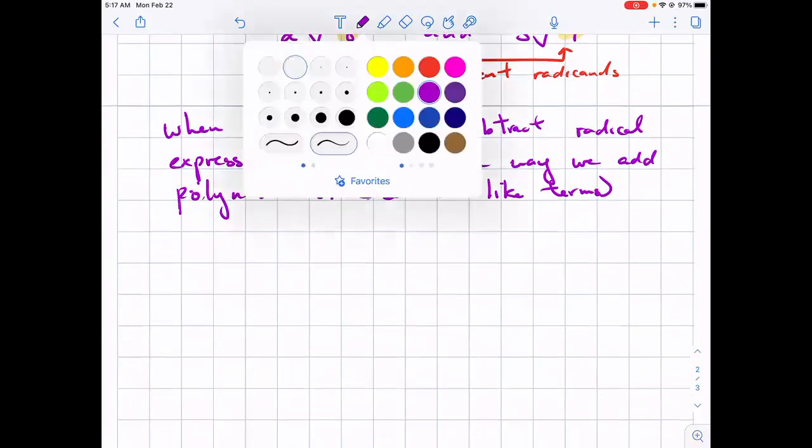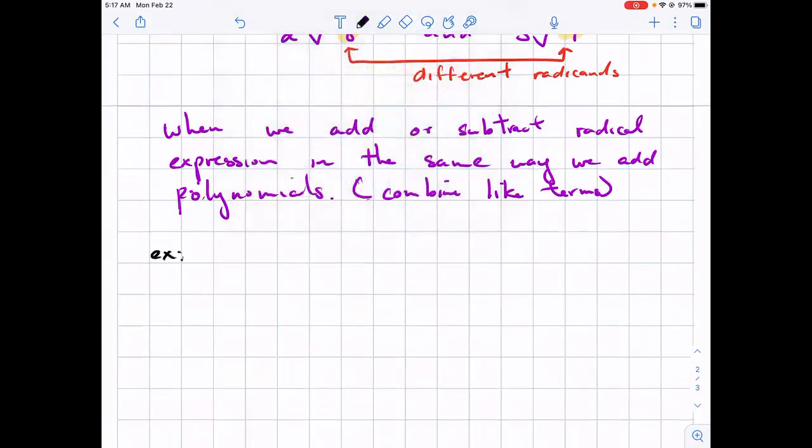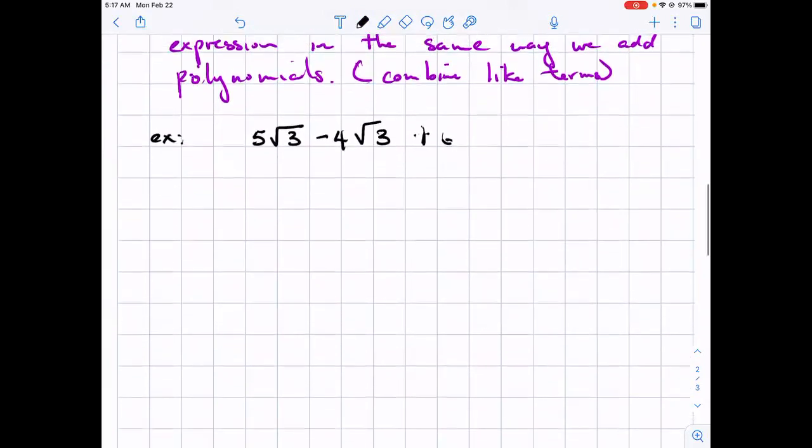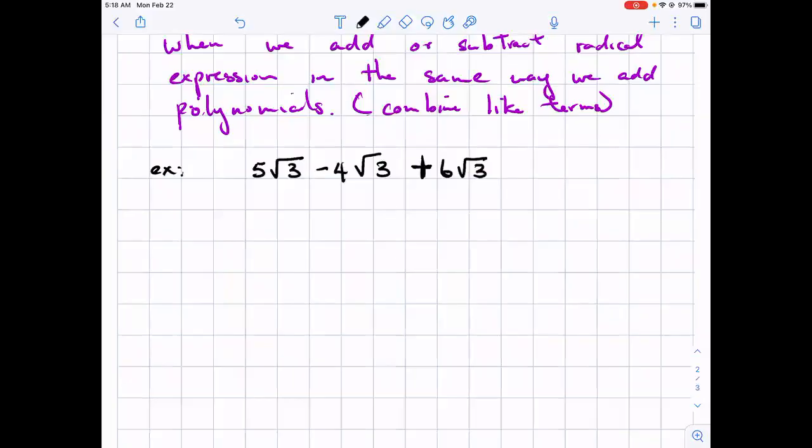So, for example, if we have 5 square root of 3 minus 4 square root of 3 plus 6 square root of 3. Notice my index and radicand are the same for all of them.